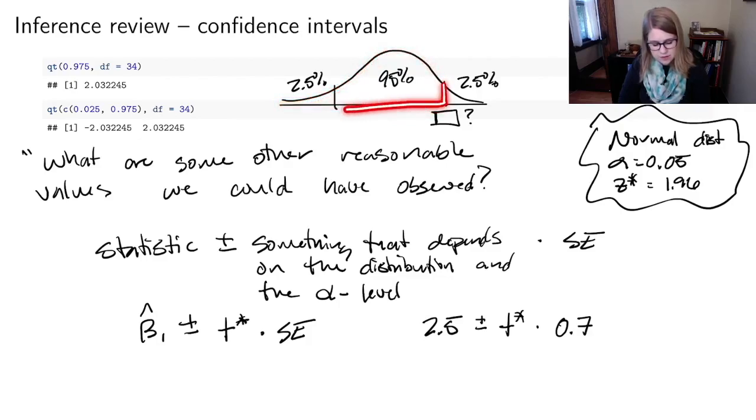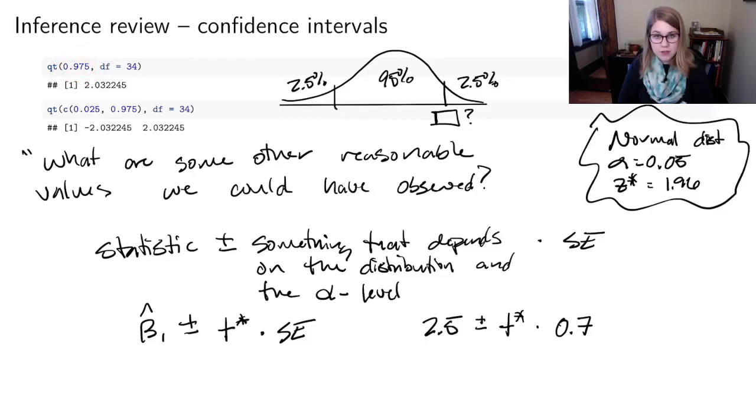And so I can't just give it the 95 because R wants the whole thing to the left. So I have to give it the 95 plus the 2.5 to get the actual cutoff value that I want. So 95 plus 2.5 is 97.5, so 0.975.